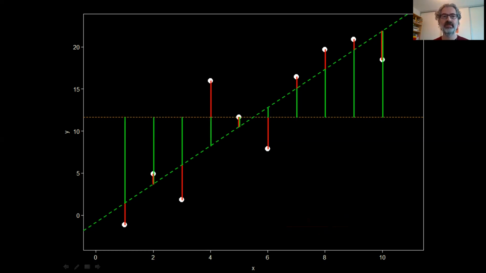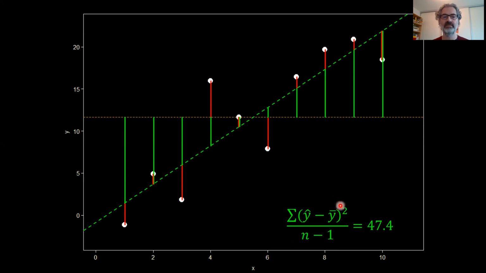And the third part is the distance between the mean value of y and the predicted value for y based on x. The green lines are the part of the variability in y that we can account for by x. And as these are deviations of a sort, the deviation between the prediction, the regression line, and the mean for the dependent variable, this is also a variance.